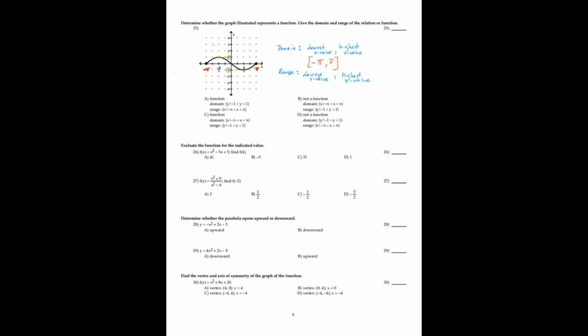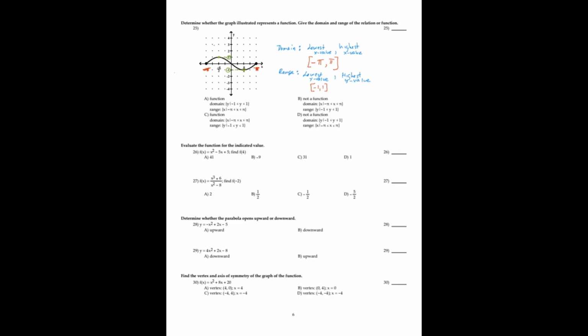Periodic because it's repeating in every period. And it would always be between -1 and 1. So what is going to be the range, with brackets, from -1 to 1? So it is a function. It has a domain.